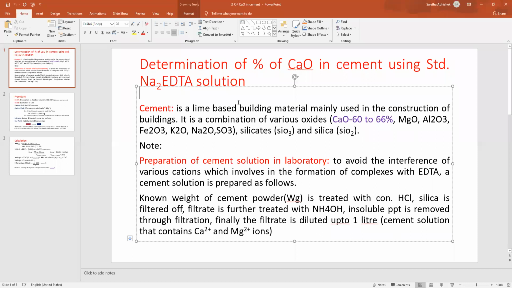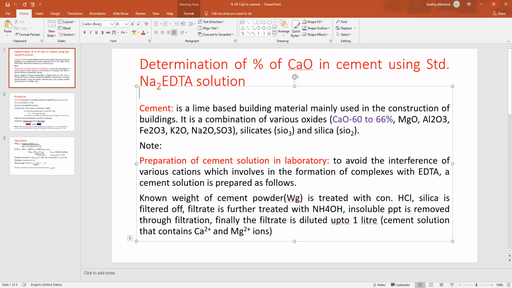This is because the principle involved here is complexometric titration, and disodium salt of EDTA can readily form complexes with many cations. But cement not only consists of calcium ions, it consists of various other cations, such as magnesium ions, aluminium ions, ferric ions, potassium ions, sodium ions.